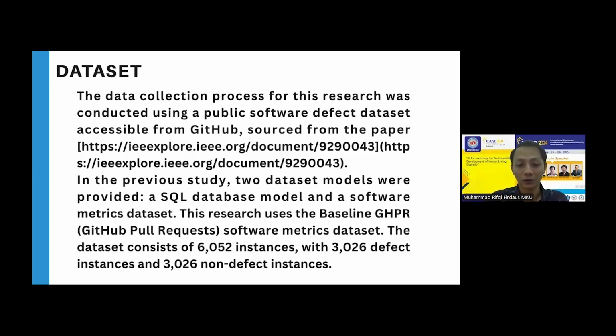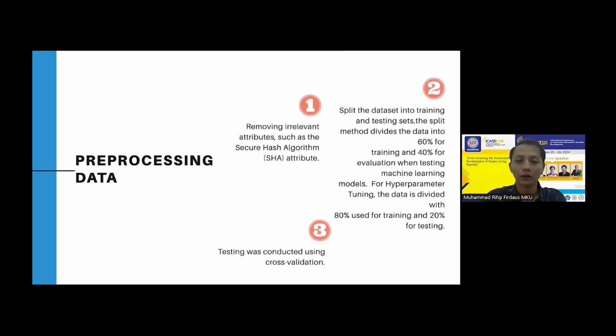The dataset consists of 6,052 instances with 3,026 defect instances and 3,026 non-defect instances.